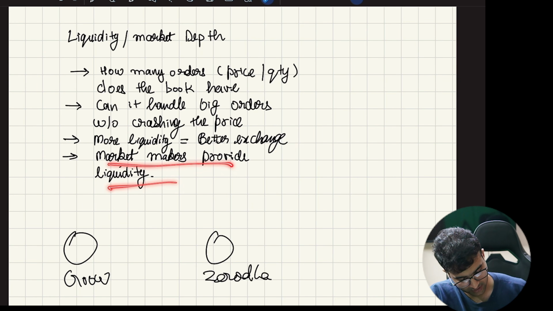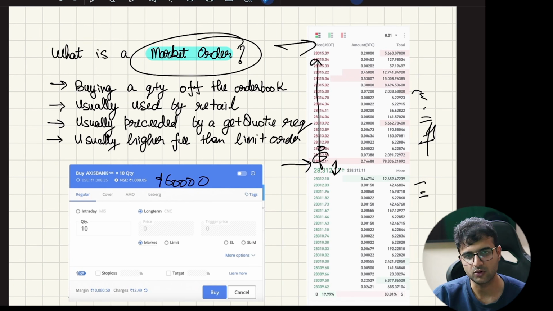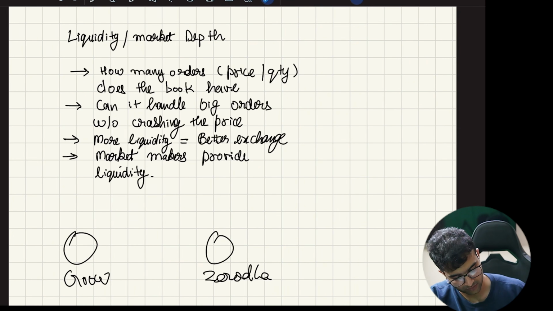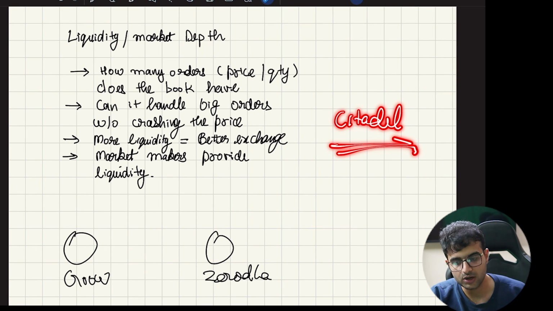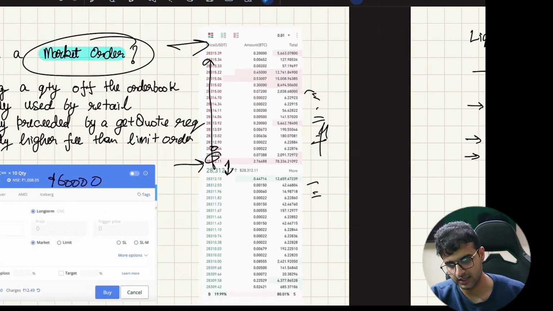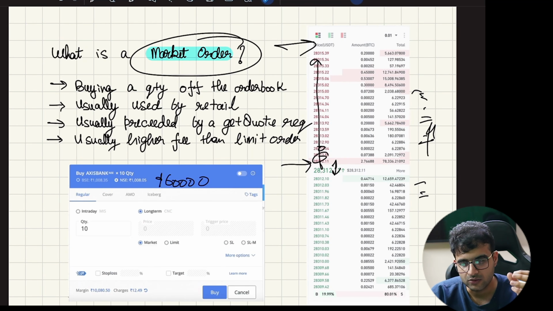Market makers provide liquidity. So the question is, why would someone even provide liquidity? Why do I want to sit on this order book all day and wait for orders to come in? The answer is, market makers are incentivized. The people who do this make a lot of money. The companies you might have heard of that pay like 4 CR offers, like Citadel. These companies put in a bunch of orders on both sides. Through a bunch of mathematical algorithms, they find what should be the current price of Bitcoin.